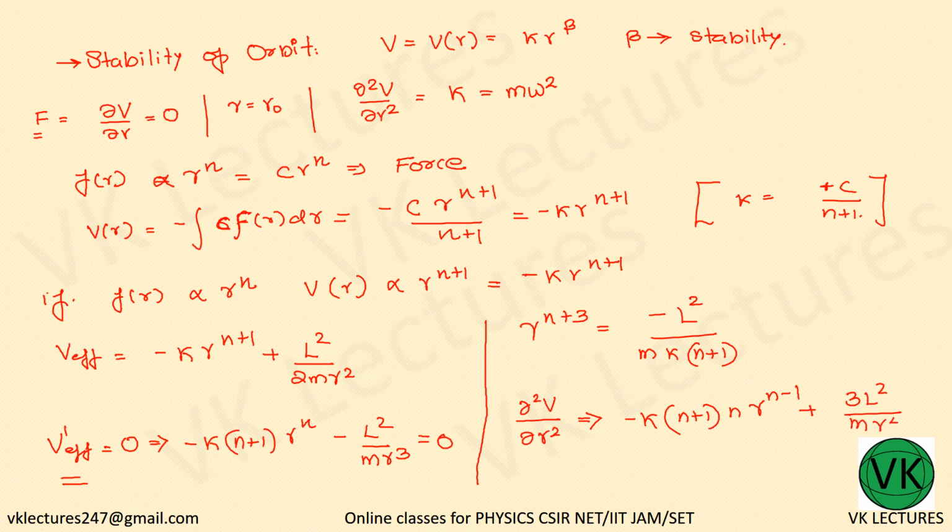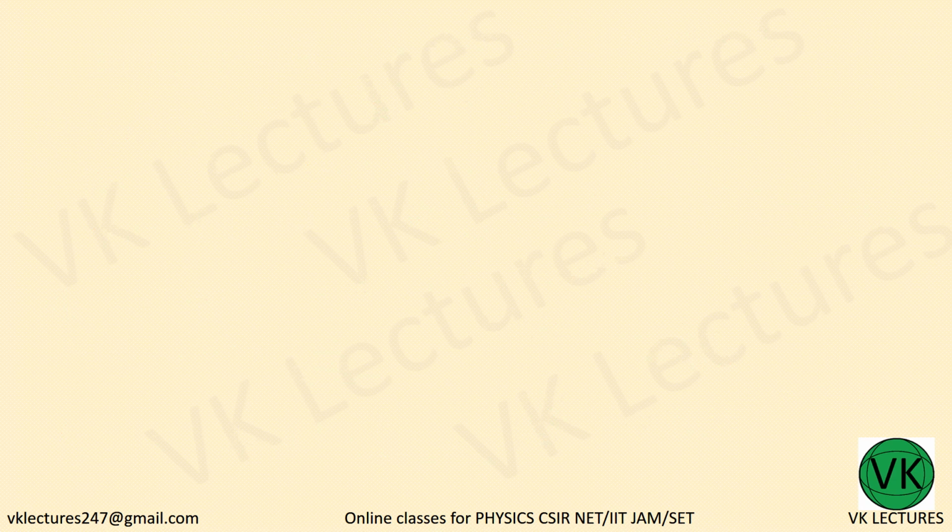Now we have to check what this value is equal to. Once again writing that second derivative v double dash, that's equal to minus k n into n plus 1 into r to the power n minus 1 plus 3 L square divided by m r to the power 4.